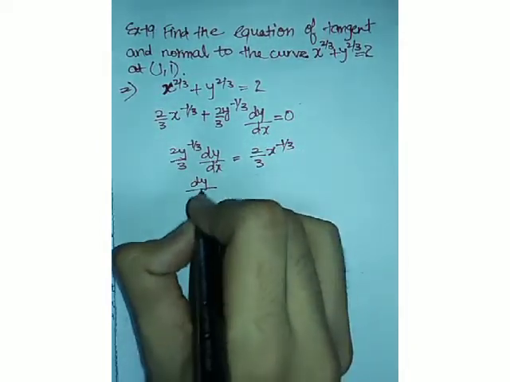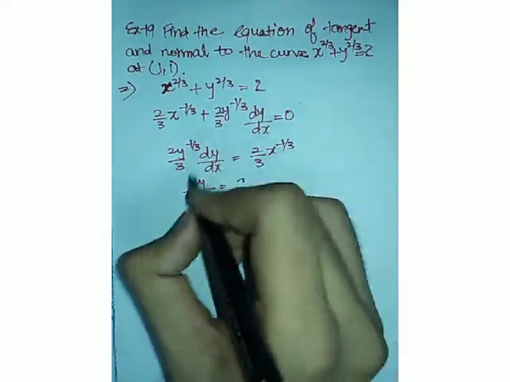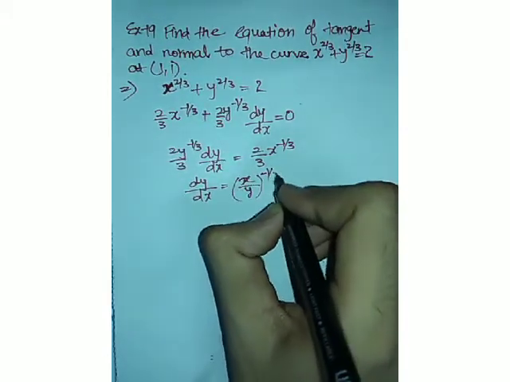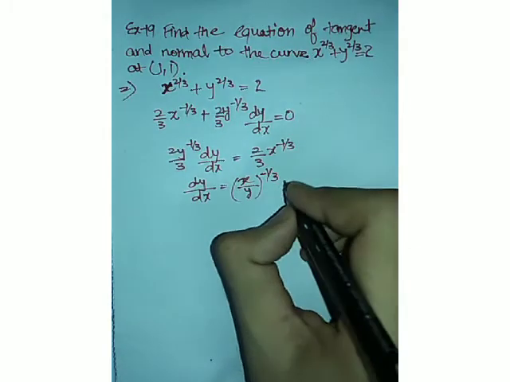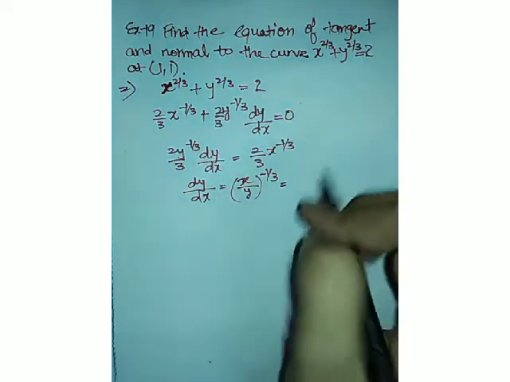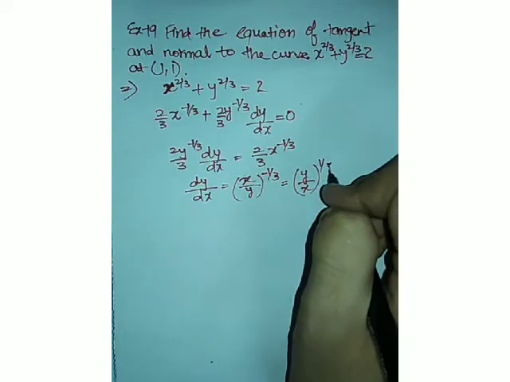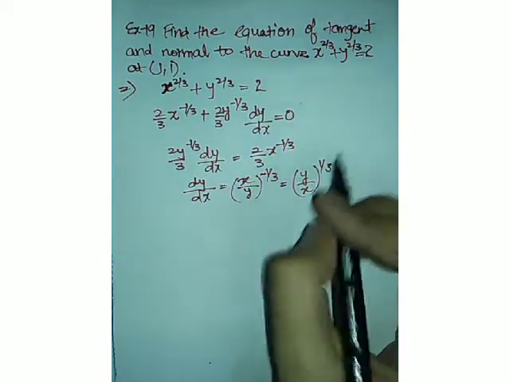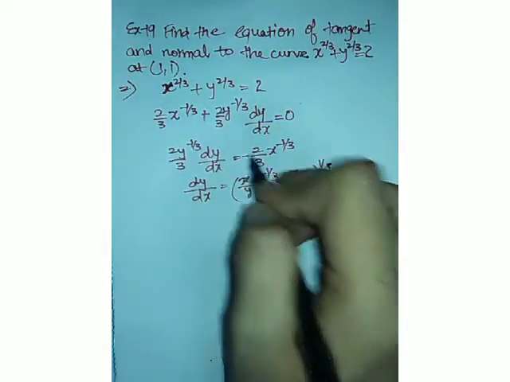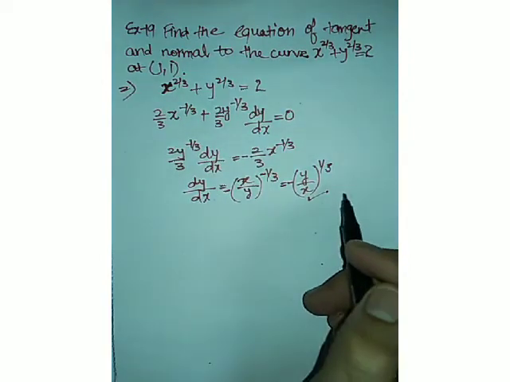If we have to find dy by dx, what will we get? 3 3 2 2 will be cancelled and you will get x upon y raised to power minus 1 by 3, or if you want to just cancel the minus sign, you can write y upon x raised to power 1 by 3. Also there will be a subtraction sign because this thing when transposed, we will get a subtraction sign here as well. So our slope is minus y upon x raised to power 1 upon 3.